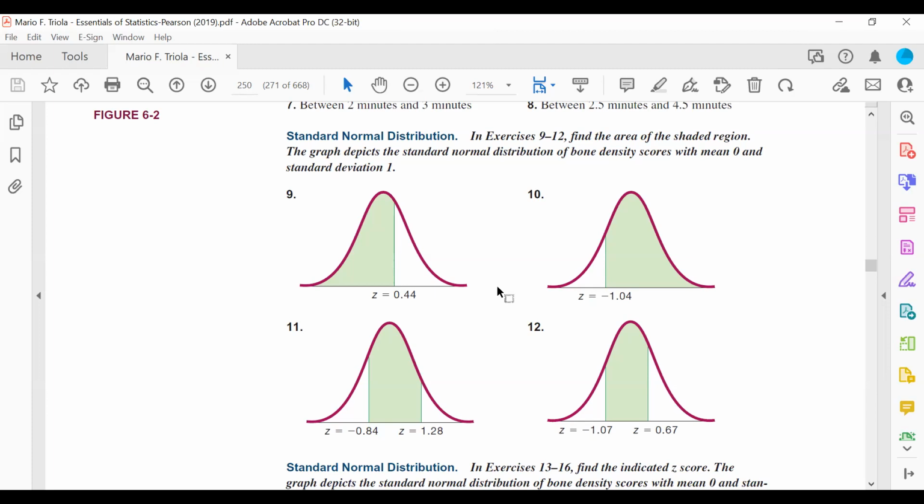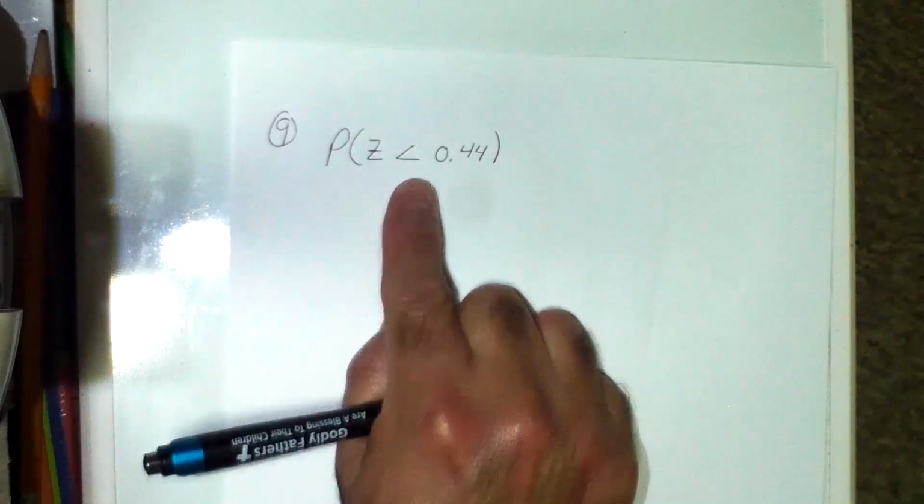Less than is left. So you write capital P, parentheses, Z is less than 0.44. This is the correct way of writing a probability in standard normal terms.